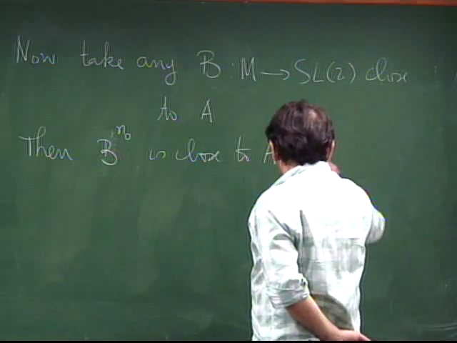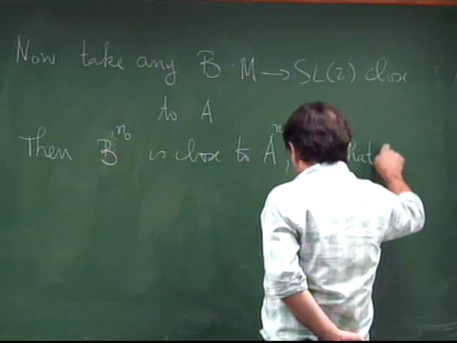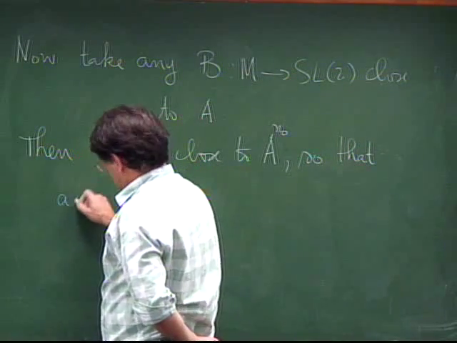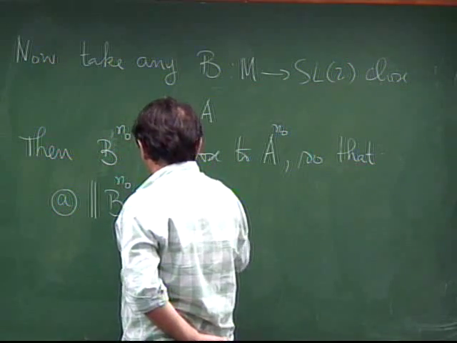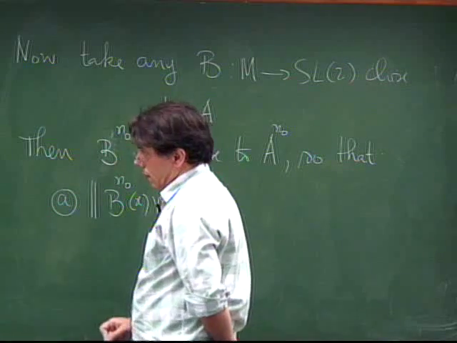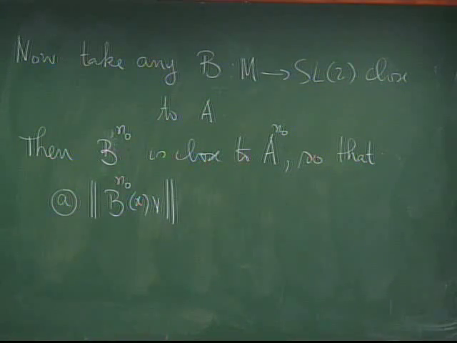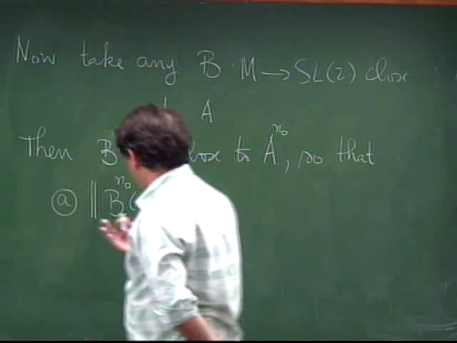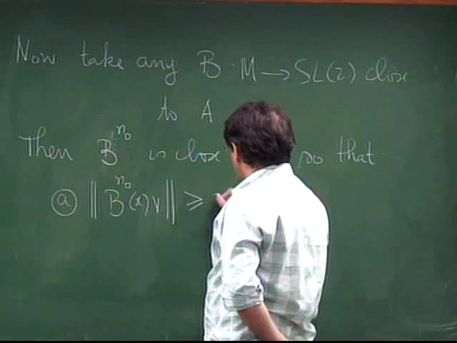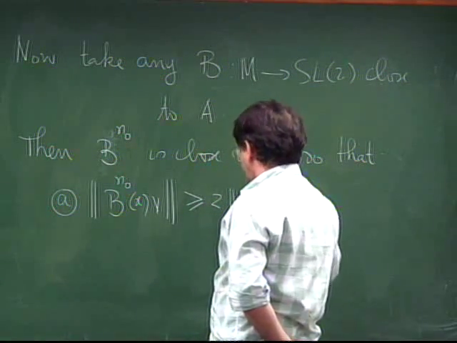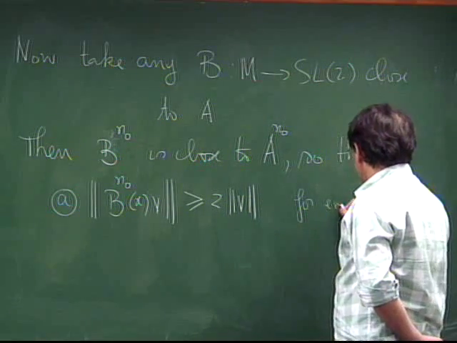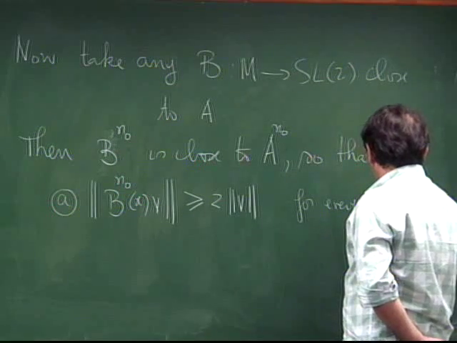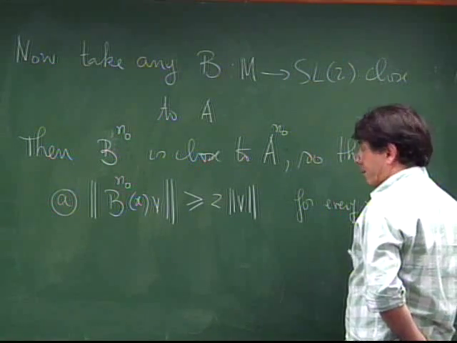So that B_n0(x)v, well, maybe it's not bigger than 4 times v, but by continuity, by proximity, it's bigger than 2 times v, or 3 times v, for every x and v.